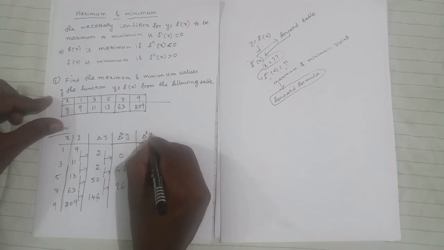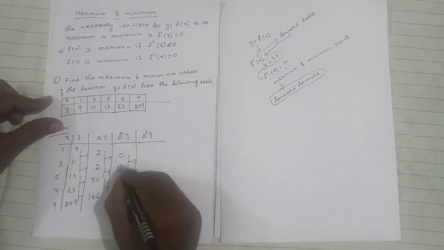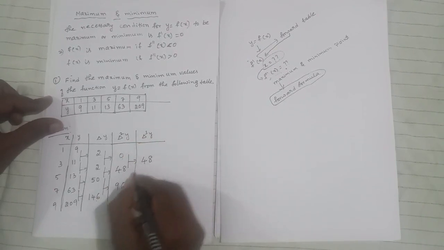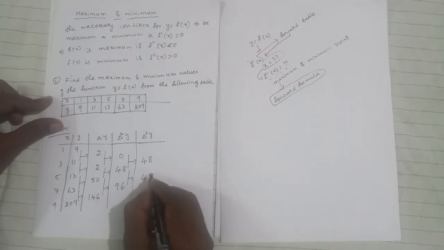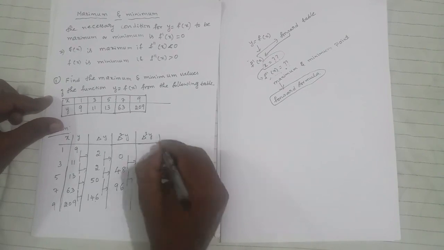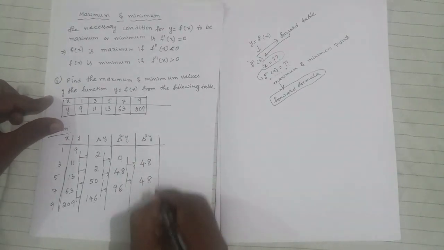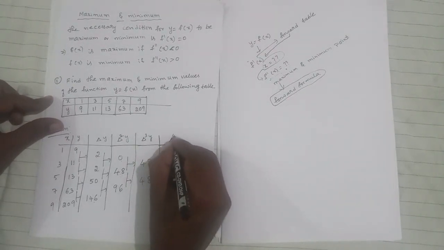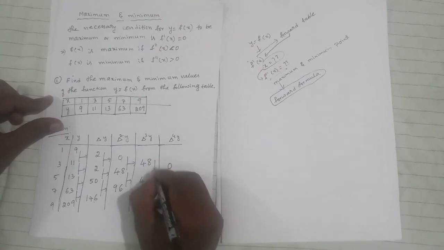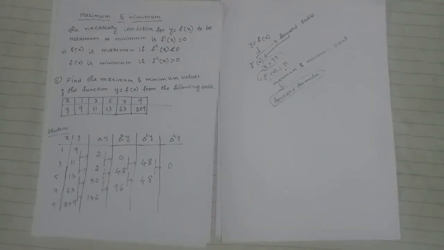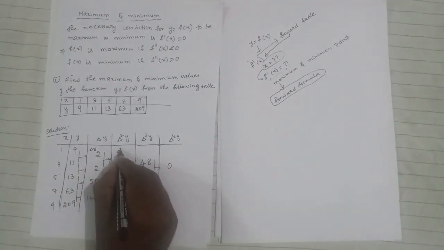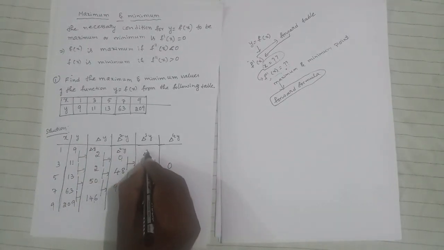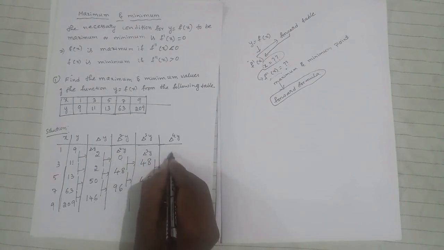Here delta cube y: 48 minus 0 is 48, and 96 minus 48 is 48, and for the difference you get 0. So this is our delta y, this is delta square y, and here delta cube y and delta to the power of 4 y values.